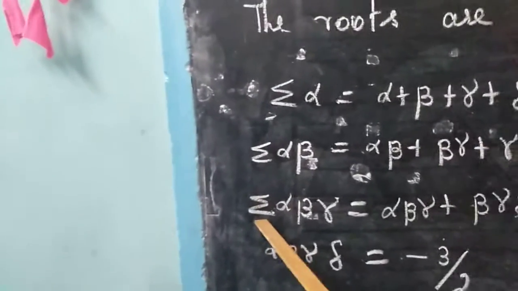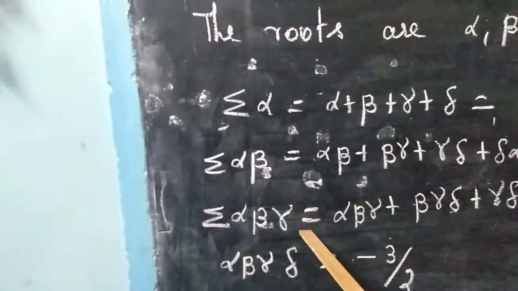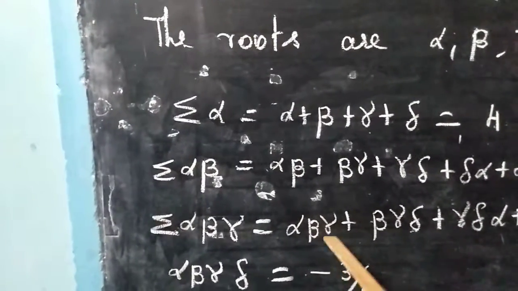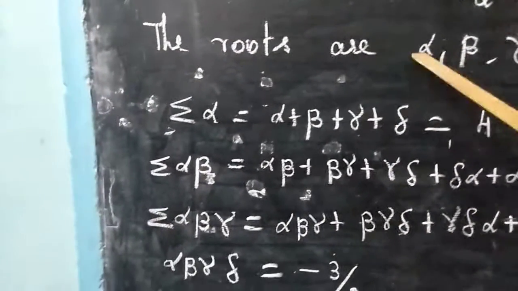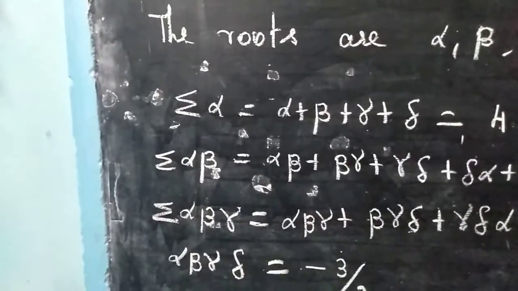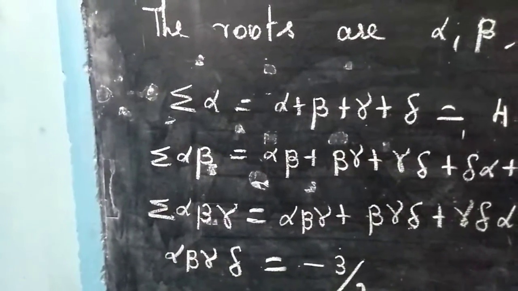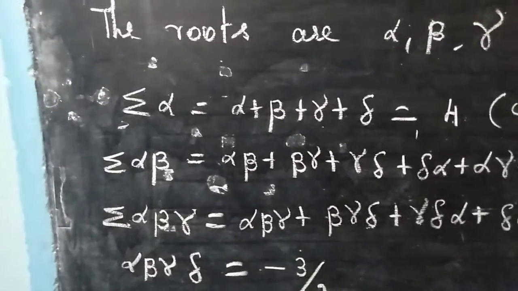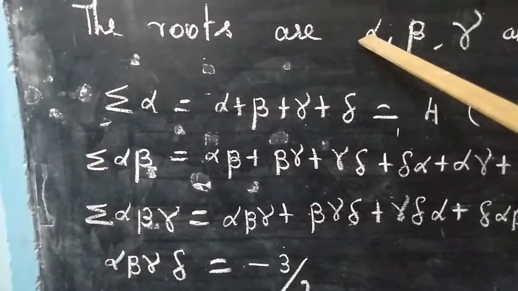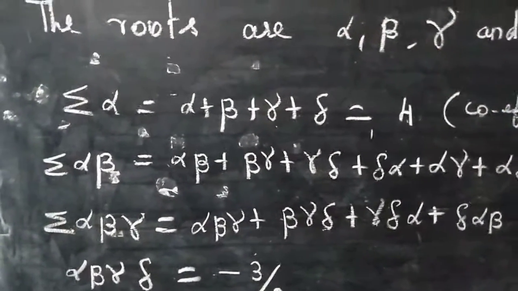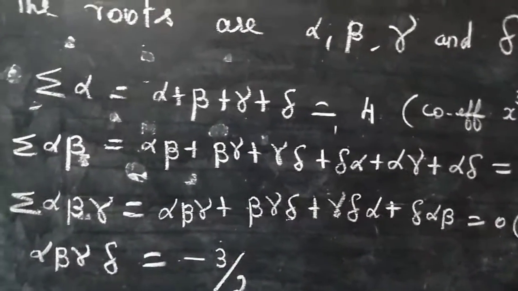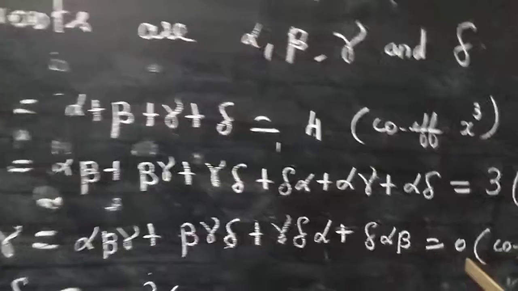Then next we are trying to find out the summation alpha beta gamma. Here we are going to multiply 3 roots at a time. So first alpha beta gamma plus beta gamma delta plus gamma delta alpha plus alpha gamma delta, that is equal to 0.